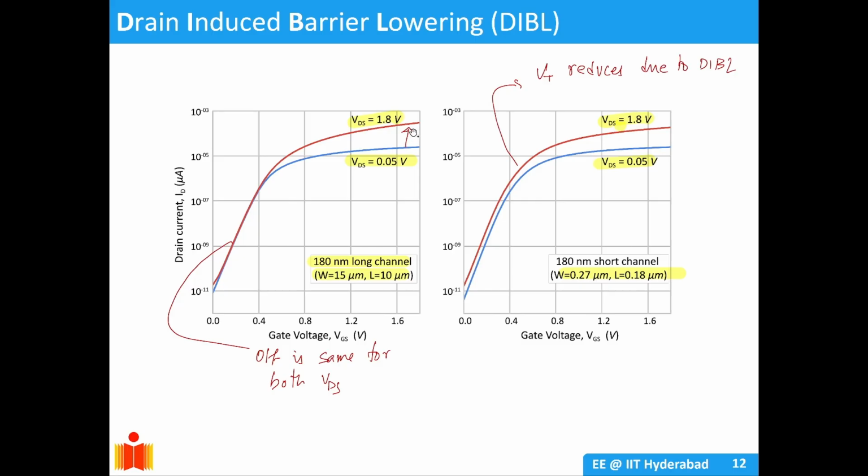And because of that, if you see, the threshold voltage reduces because the barrier is lowered without changing the gate voltage.